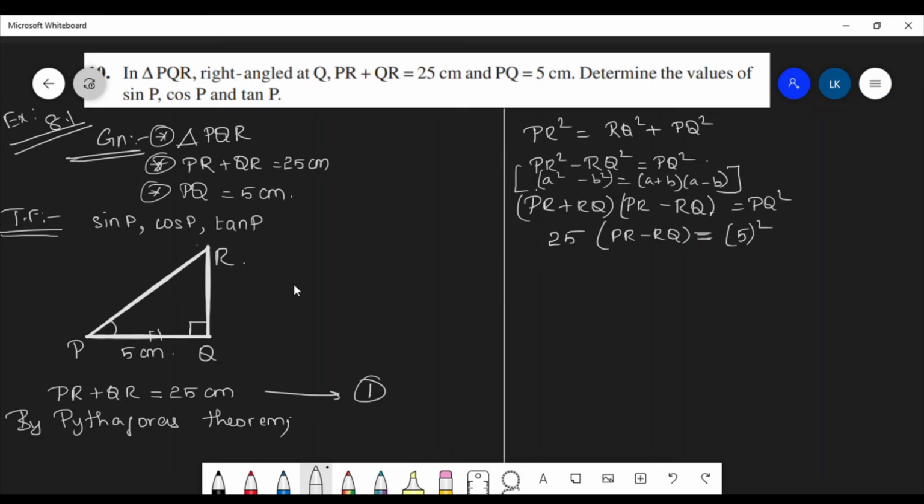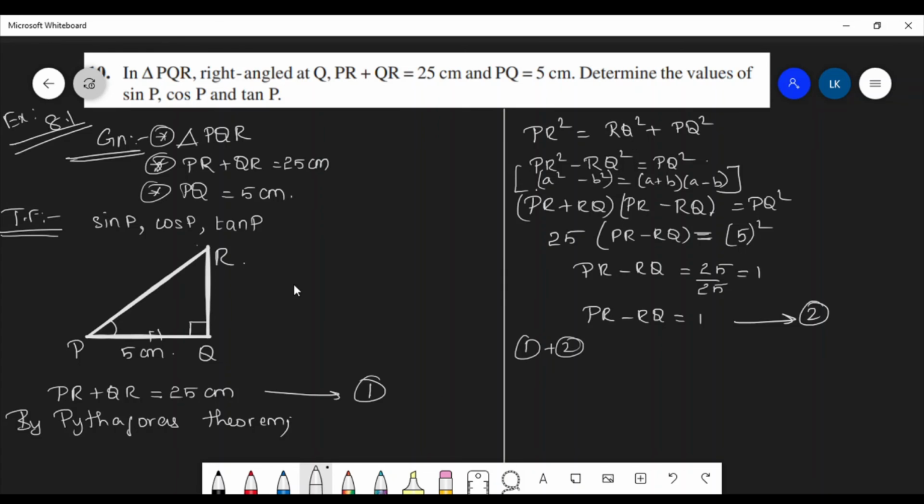Therefore, PR minus RQ is equal to 25 by 25, which is equal to 1. PR minus RQ is equal to 1. Let us mark this equation as number 2. Now add number 1 plus number 2.